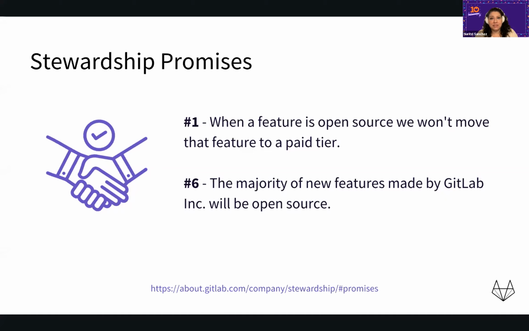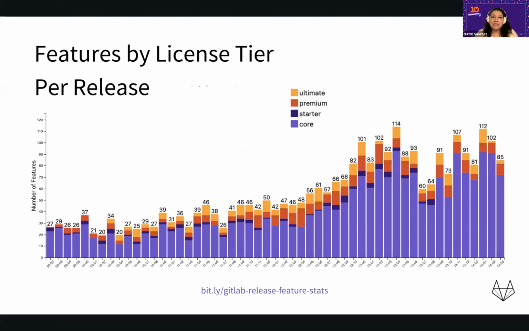Number 6 of these stewardship promises is that the majority of new features made by GitLab Inc. will be open source. And we can see how this plays out in this next image. This image shows you the various releases that we have had and how many features get added into the open source core versus the proprietary higher tiers. And as you can see here, the overwhelming amount of new features get added to the open source core version.